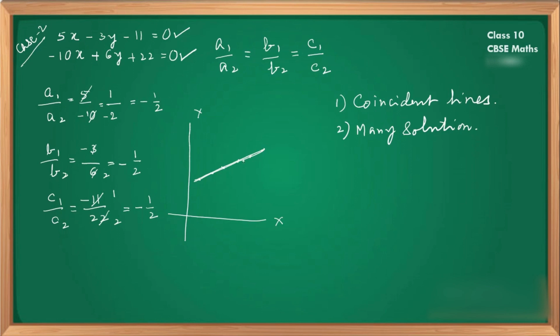You can dot many points. Each point will represent one coordinate of x, another of y. So we'll have an innumerable number of values for x as well as y. That's called many solutions. And thirdly, consistent. Whenever you have a solution, whether a single solution or many, such cases would be consistent.